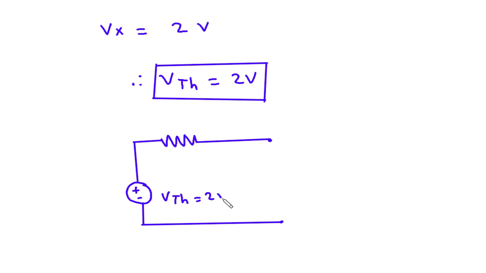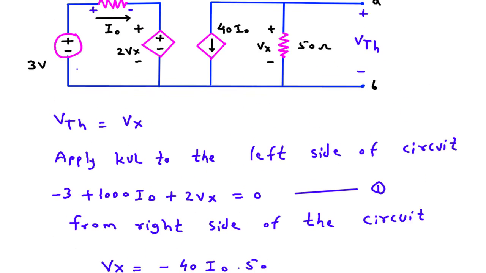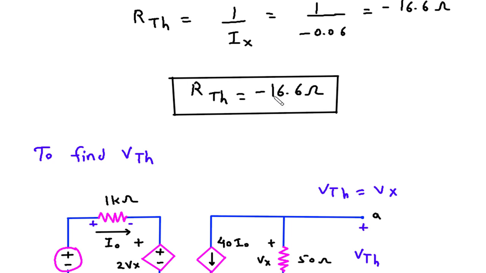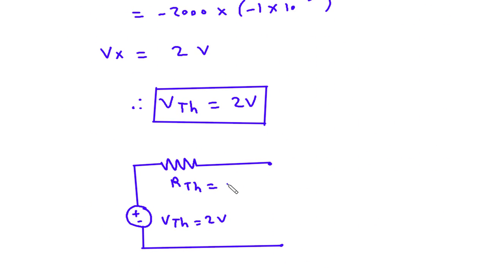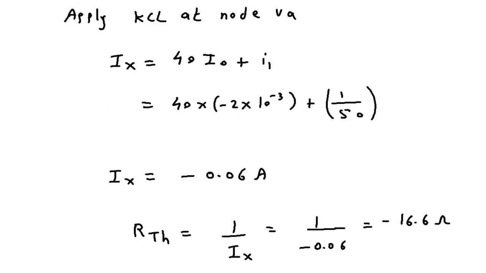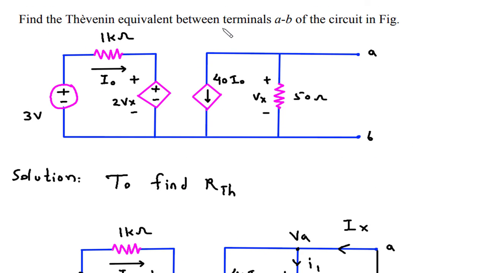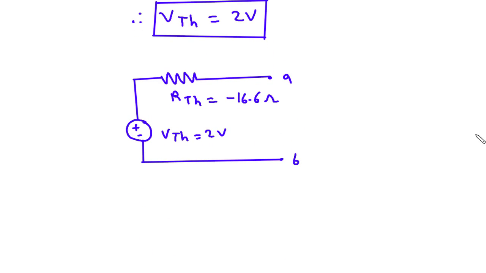VTh is equal to 2 volt and RTh is equal to minus 16.6 ohm. This is terminal A and this is terminal B. What we have to find? We have to find the Thevenin equivalent between terminals A and B. So this is the Thevenin equivalent between terminals A and B.